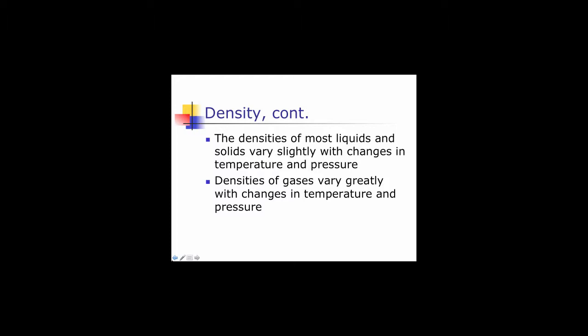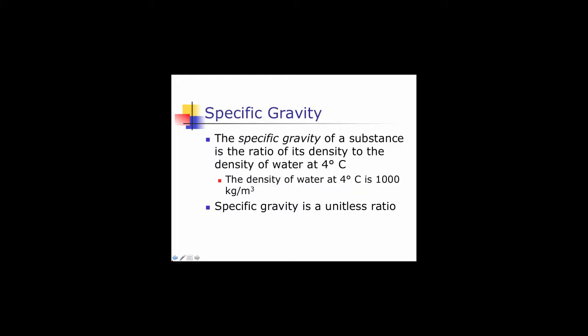Densities in both liquids and solids can vary slightly with changes in temperature and pressure. The densities of gases vary greatly with changes in temperature and pressure, but for our purposes, we'll be using a constant density for fluids, at least with liquids. The specific gravity is defined as the ratio of a substance's density to the density of water.